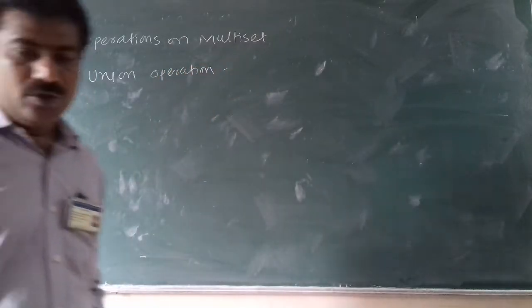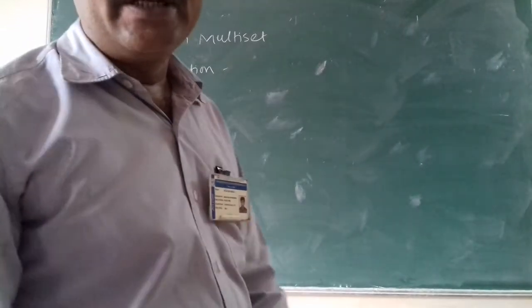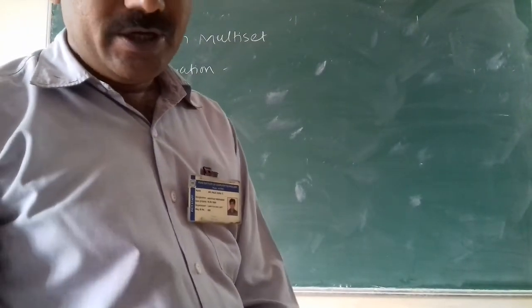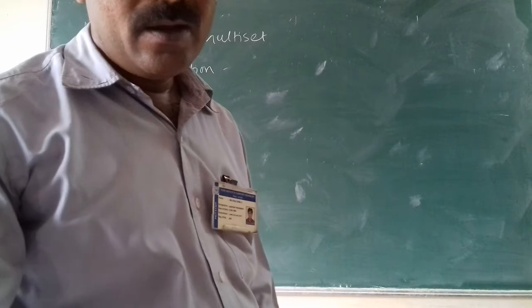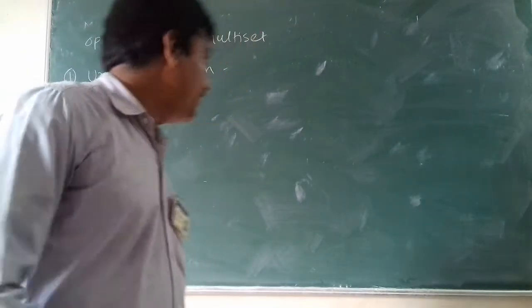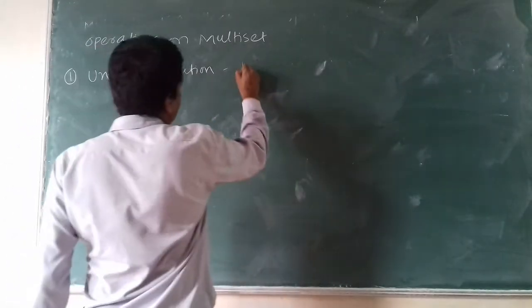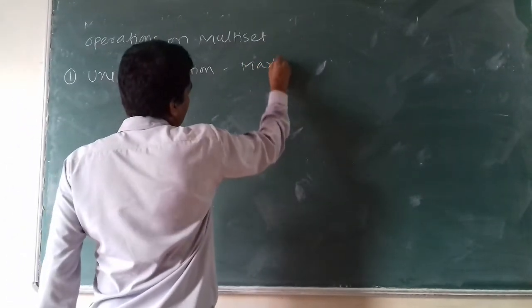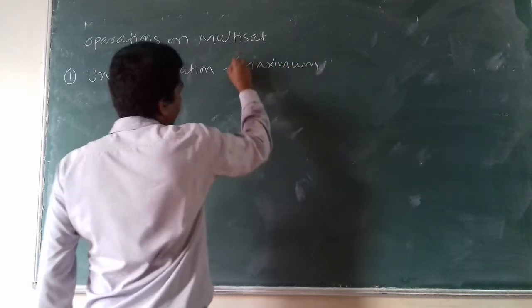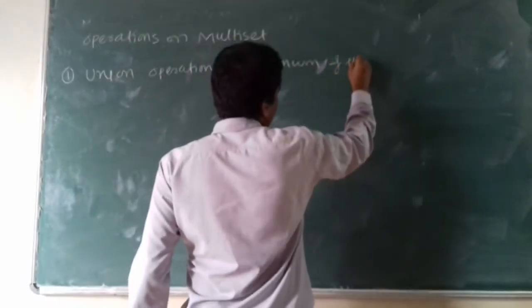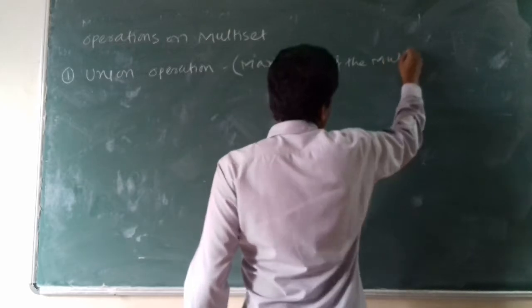We have seen the union operation on sets, right? Here, union is the maximum of the multiplicities of both the sets.